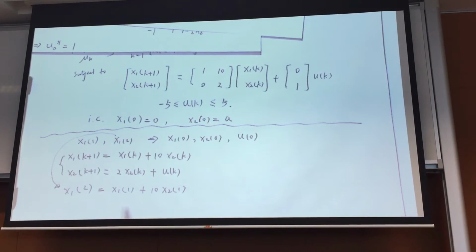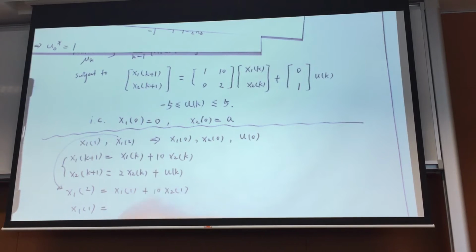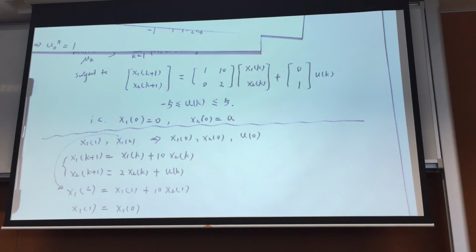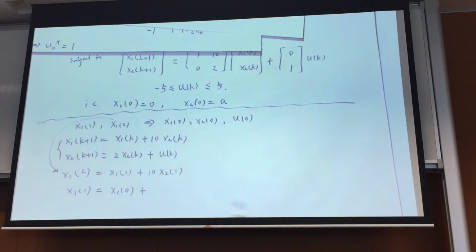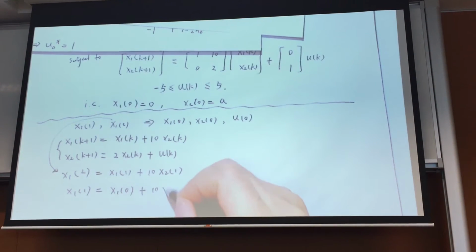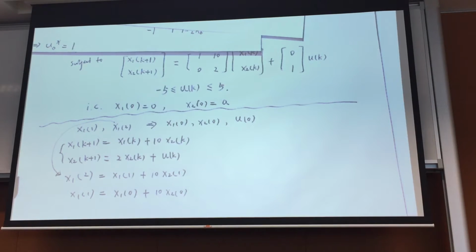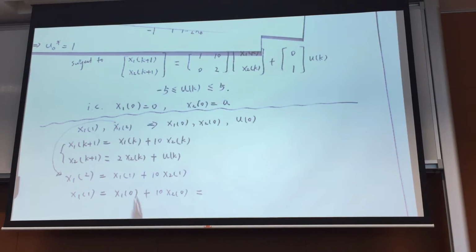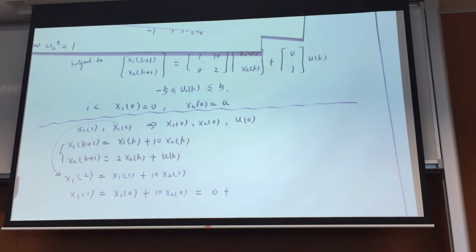In this equation we have x11 and x21. So what is x11? x11 is given by x10 plus 10 x20, which is 0 plus 10 multiplied by x20, which is a. So this is given by 10a.